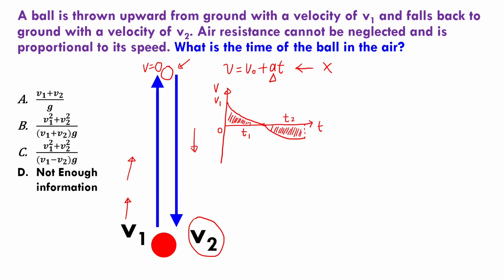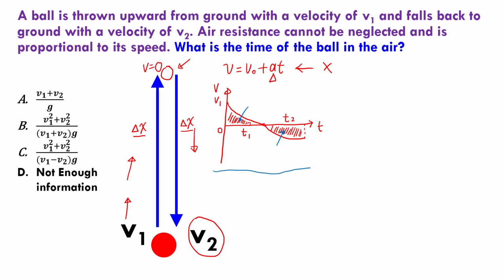We do realize there is a hidden piece of information: the displacement going up and the displacement going down have the same magnitude and opposite direction. What does this mean? That means the area here and the area here have the same size, with opposite sign. So how is this graph going to help us solve this question?